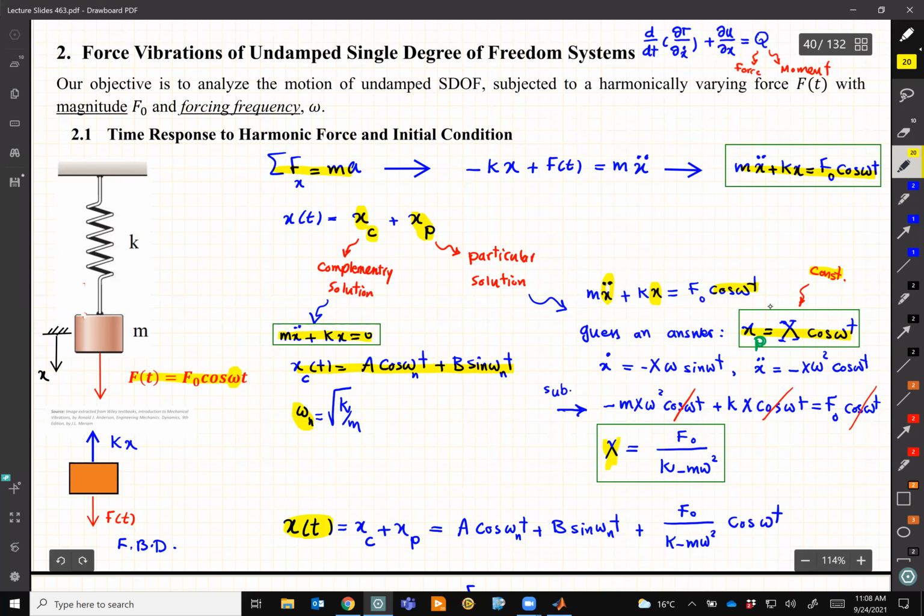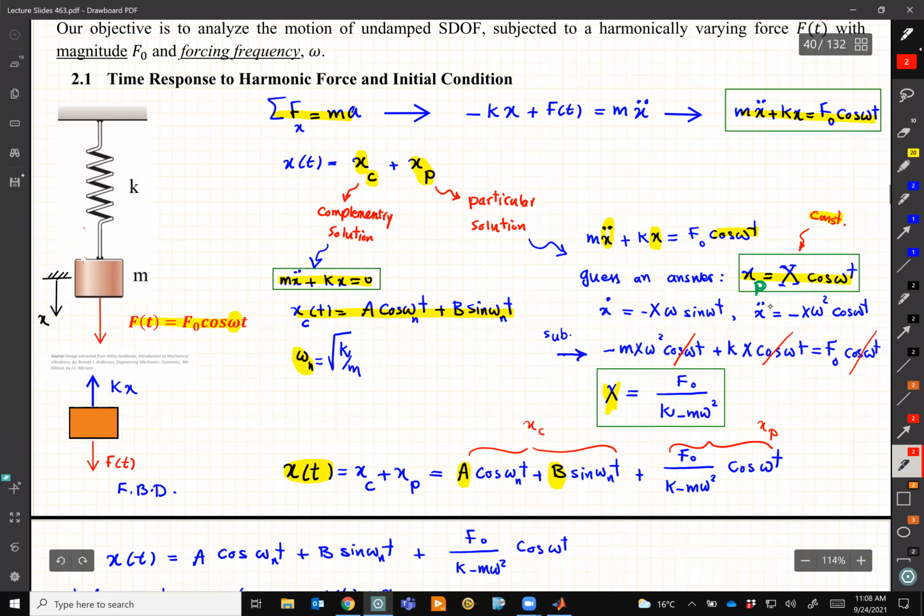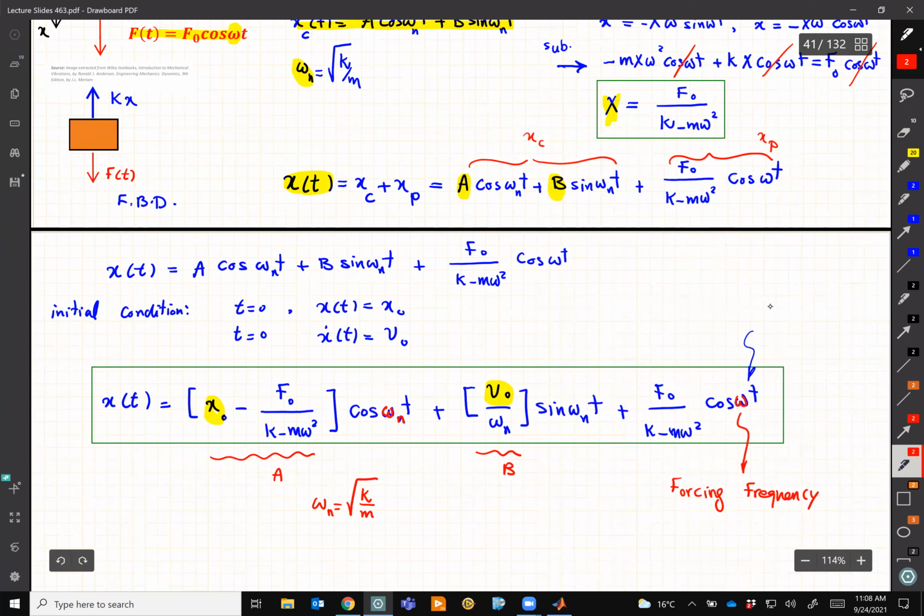So x(t) is A cosine omega t, B sine omega t, and this is the particular solution, right? This was the xc part, and this is the xp part. Now, if we have the initial condition, when t is 0, I put t equal to 0.